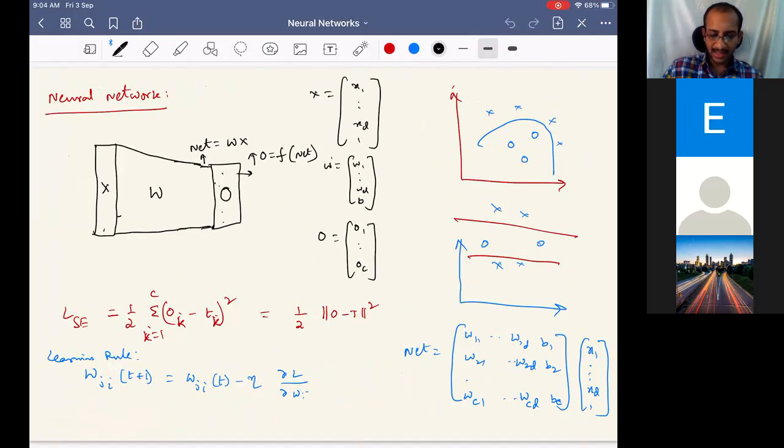In that we have seen that each of the weight updates happens independently. So if Wj is the weight to be updated in a particular layer, then Wj is updated using the gradient descent rule. Okay, so that we know.